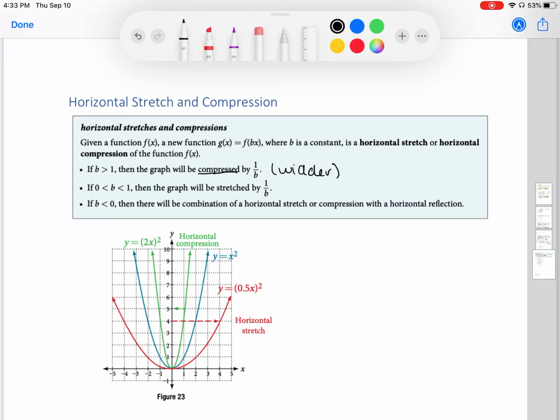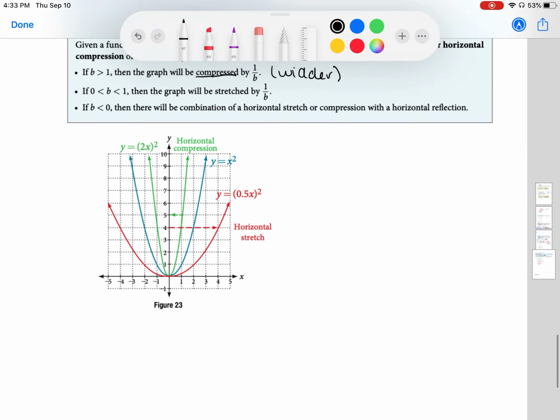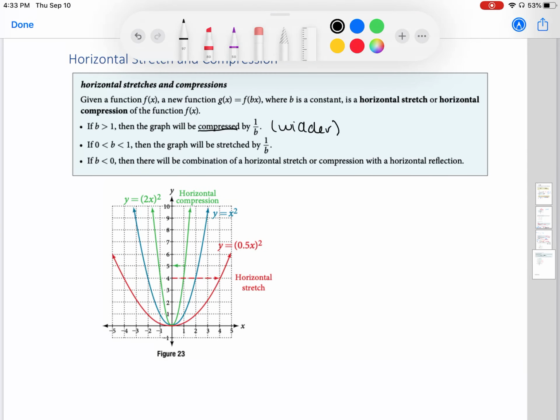If b is less than 0, meaning negative, then there will be a combination of horizontal stretch or compression with a horizontal reflection. Okay, so this is how your graph can be made to look wider or skinnier.